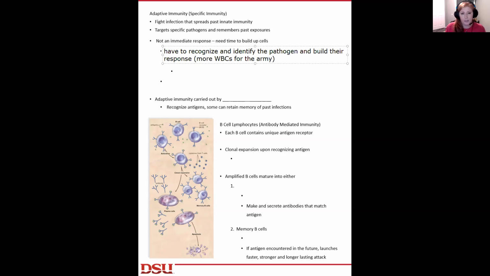There are the same white blood cells that are needed, okay, to kill them. So that's why it takes time, 7 to 10 days, like I said.